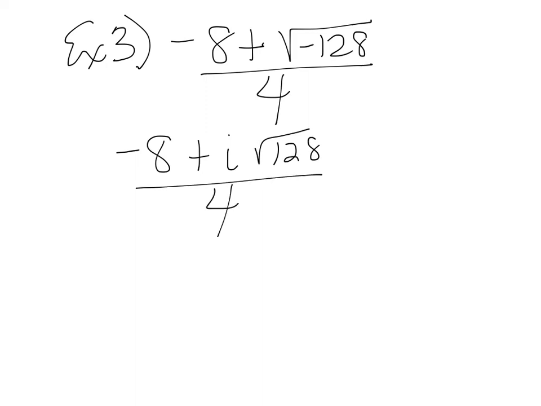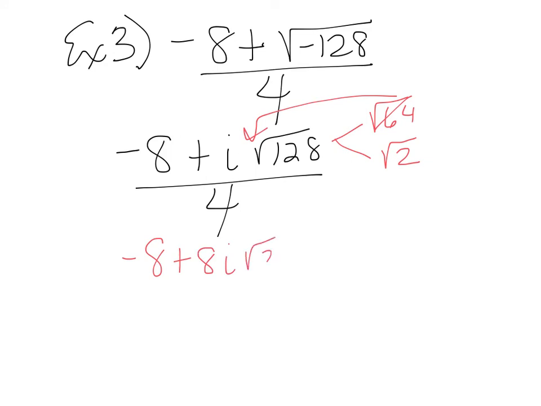Now you can take 128 and break it down, break it down, break it down. If you look at it, you can say that the square root of 64 times 2 gives you 128. So the square root of 64 we know is 8, so that is what comes out in front. So I now have negative 8 plus 8I square roots of 2 all over 4.